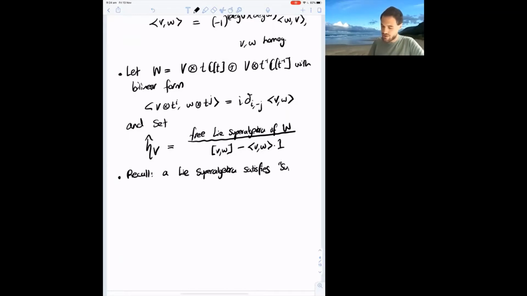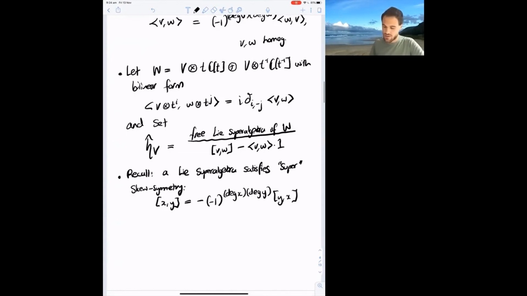You have super skew symmetry. If I take the bracket of x and y and compare it to the bracket of y and x, you have a negative sign, but then you also have another sign coming from the superstructure on the underlying space. This is for homogeneous x and y.